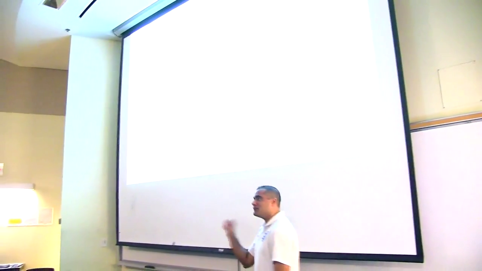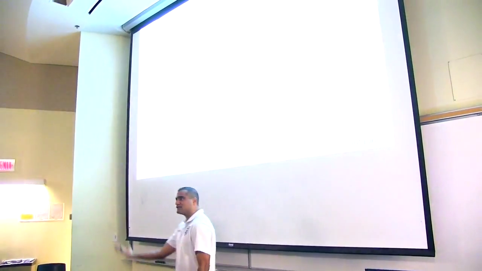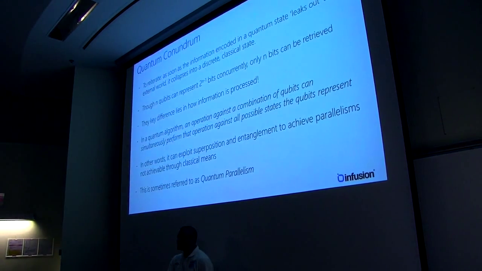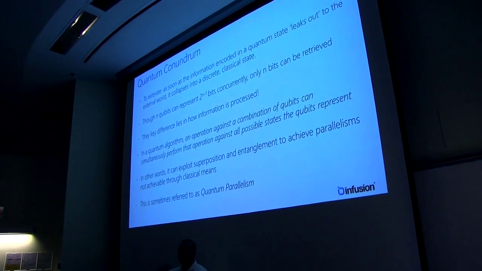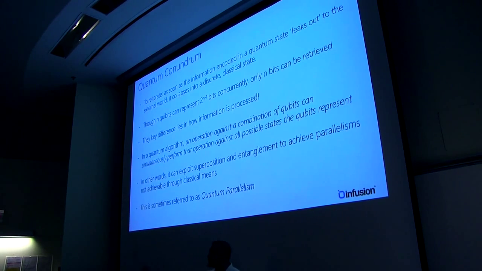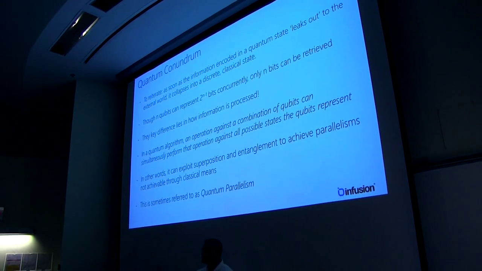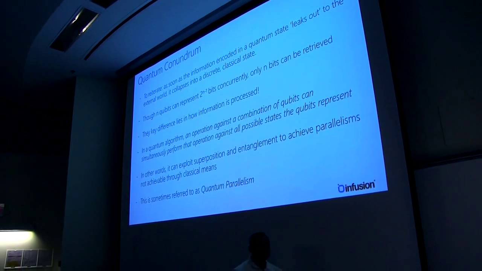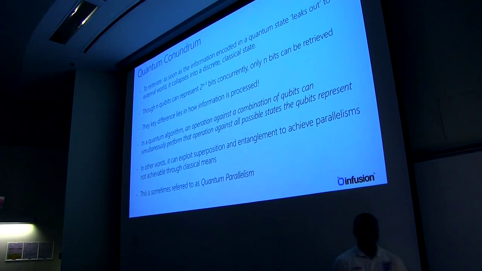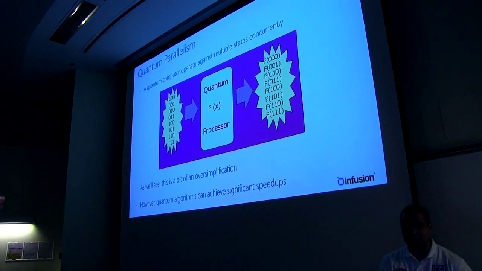So although the minute you measure a state, it collapses into one of those values, when you have quantum bits in superposition, they are representing all the values, and when you manipulate them, you are manipulating all their concurrent values at the same time. Then when you pick out the one you want, you can use some clever techniques and actually get an answer. So it allows a level of parallelism that we cannot achieve with classical machines. And you'll see this when I talk about some of the algorithms.